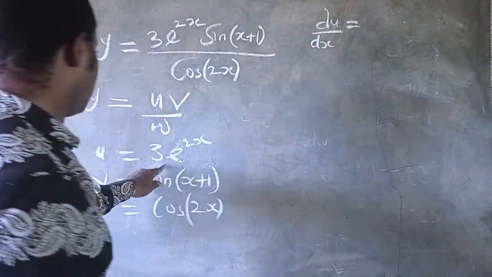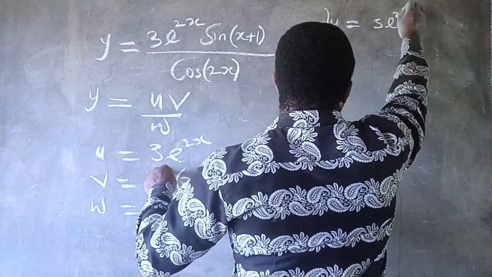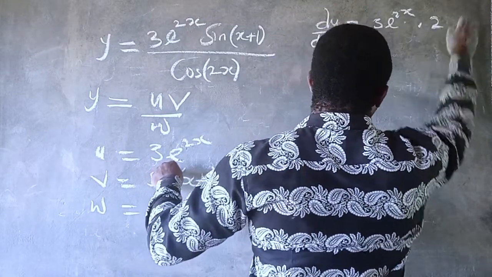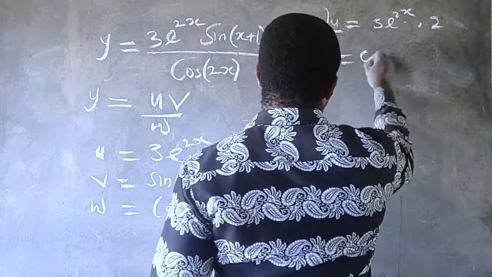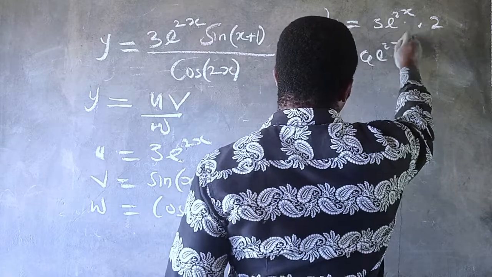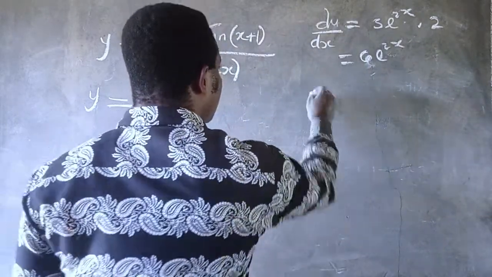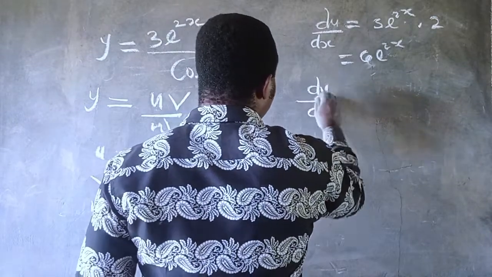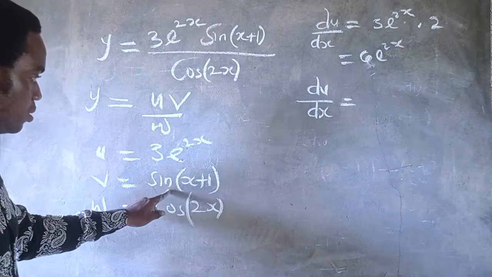The derivative of u with respect to x, you will notice, is a chain rule problem. So that is 3e to the 2x multiplied by the derivative of 2x, which is 2. That is why we have that multiplied by 2. When the e to the x has a coefficient, you get the derivative of the power as well.